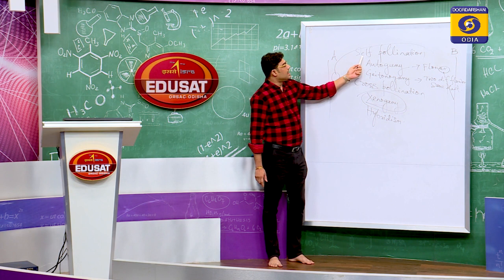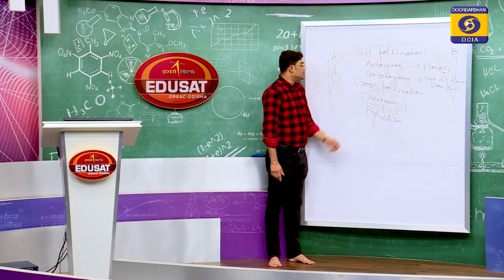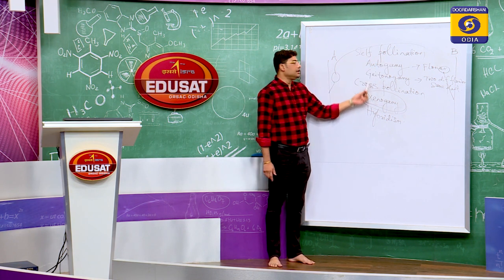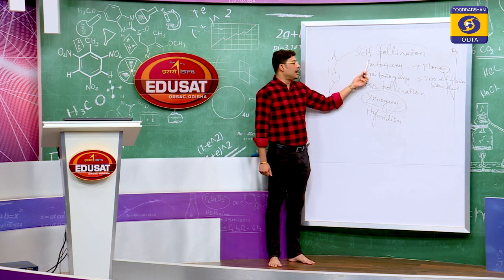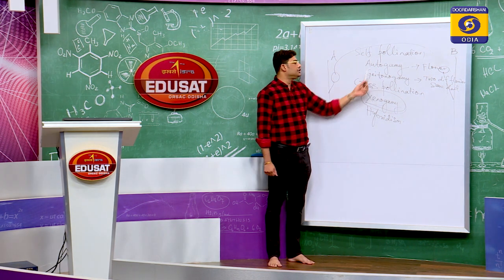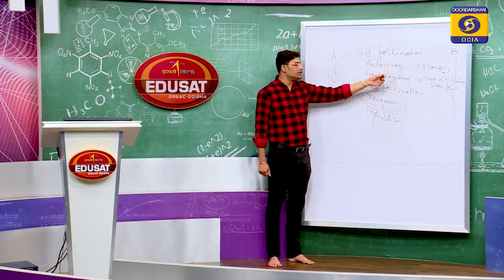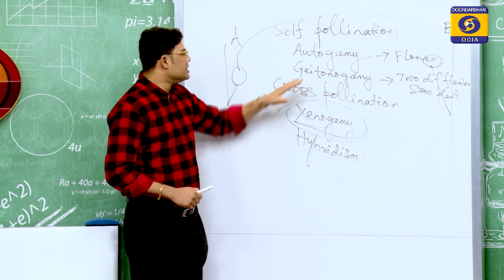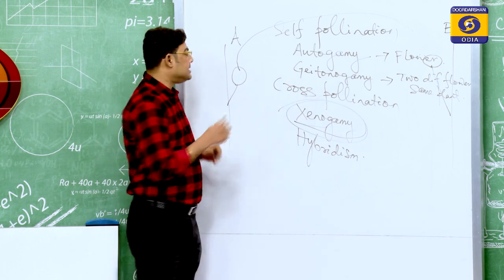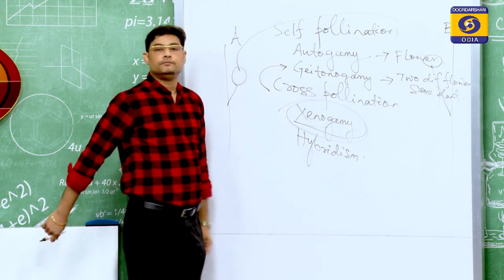So ultimately we have two types of pollination: self pollination and cross pollination. In self pollination, one is autogamy, within the same flower, and geitonogamy, two different flowers born on the same plant. Now some of the authors consider geitonogamy as a type of cross pollination.